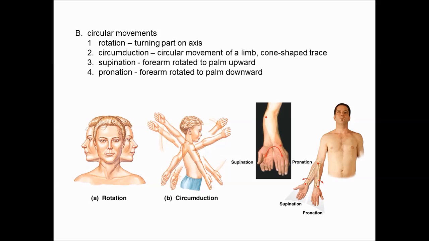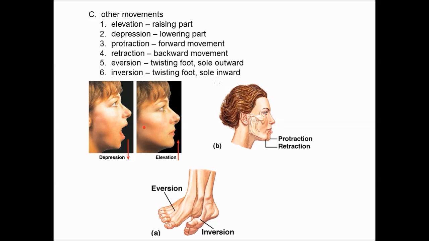And finally, some other terms that describe movements in our body. Most of these are easy to figure out. Elevation is raising a limb, and one of the few things that goes straight up in our body is our jaw. So you elevate the jaw or depress the jaw. Protraction is movement forward, and retraction is movement backward.